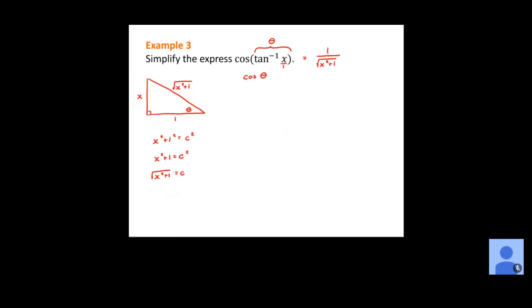That's how we calculate cosine. So again, very similar to what we did on example 1, part 2, except now instead of a value, in that one we had 1/3, so we had a 1 and a 3 to plug in. Here we only have the x, so we have to use x as our opposite side, 1 as our adjacent side, and then just get everything in terms of x here. Any questions on that one?